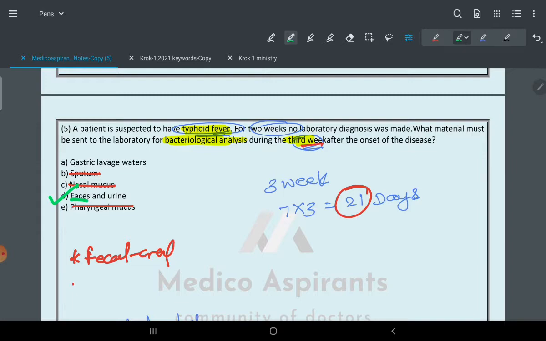But why not gastric? In gastric there will be gastric lavage water. There is a probability that these bacteria can be dissolved by the highly acidic gastric environment, or it is not a simple technique. So the most accurate answer is going to be the feces.